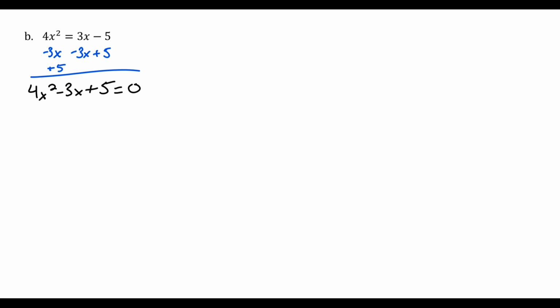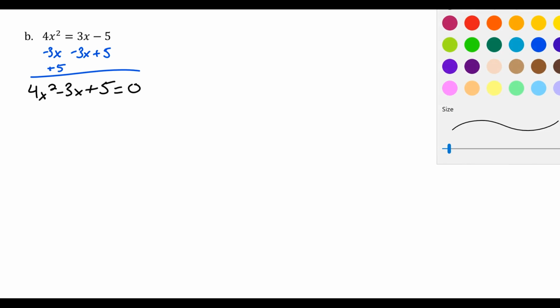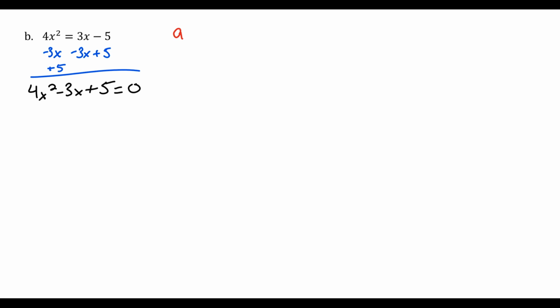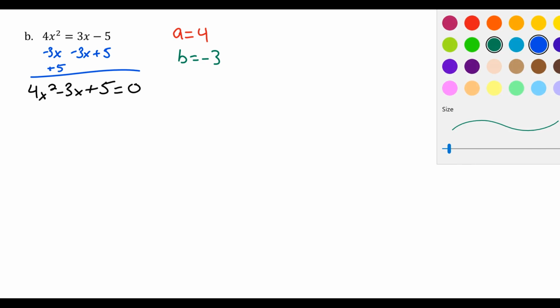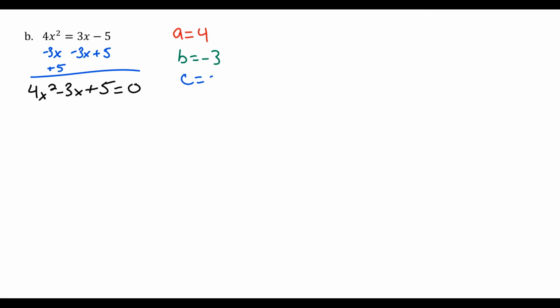So I'm going to use the quadratic equation. So my a, in this case, is 4. My b, notice I'm going to pay attention to that sign, negative 3. And my c is 5.